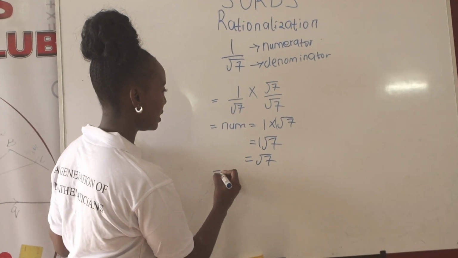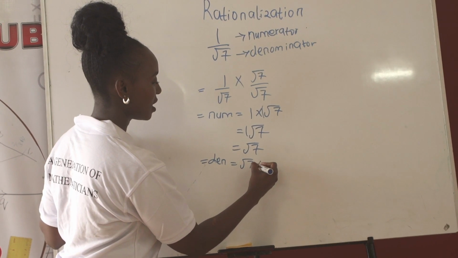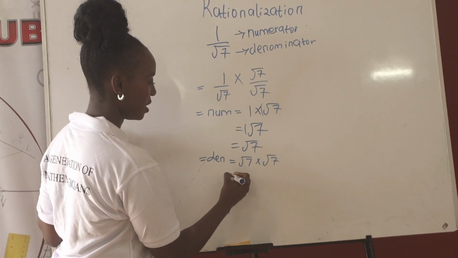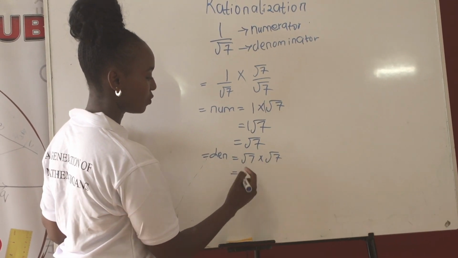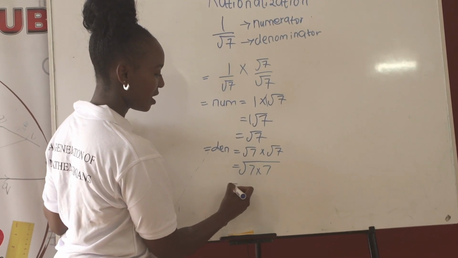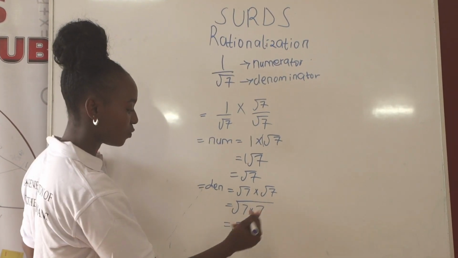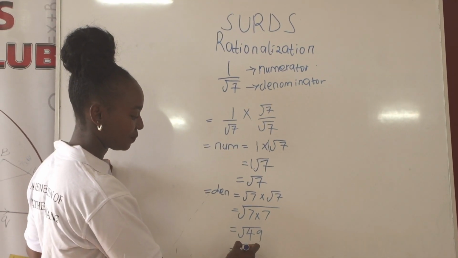Then we work out the denominator, and that becomes root of 7 times root of 7. Remember for multiplication I said you combine 7 times 7, that becomes root of 49, but remember the square root of 49 is 7.